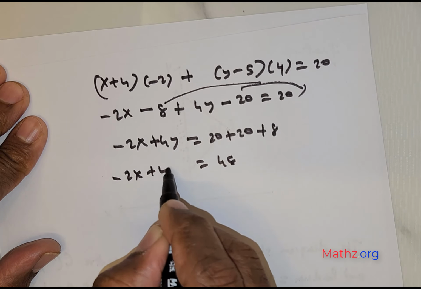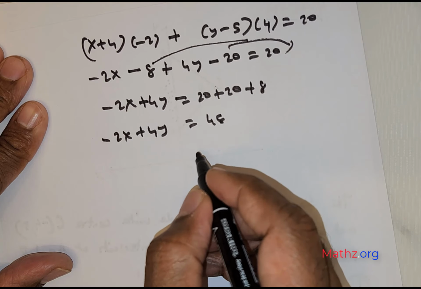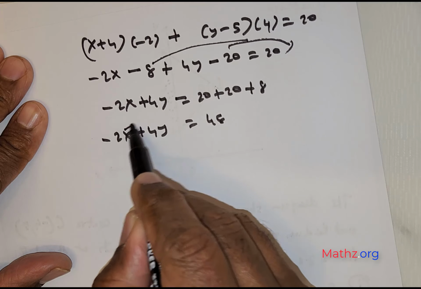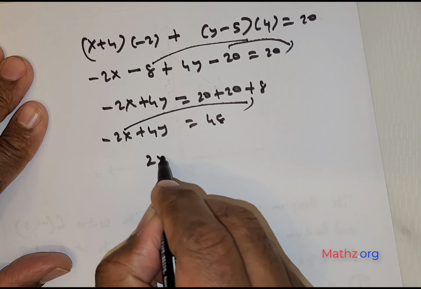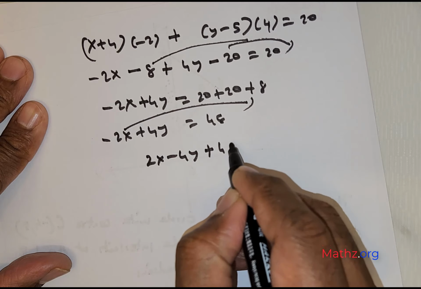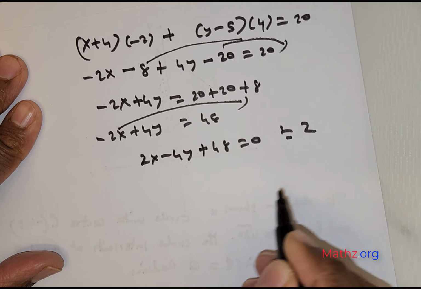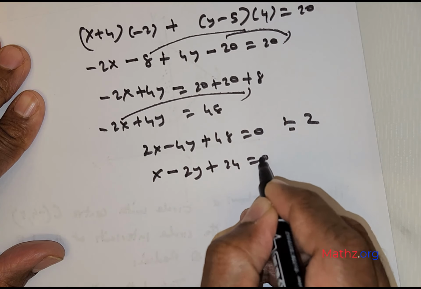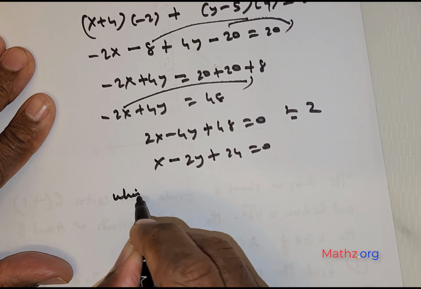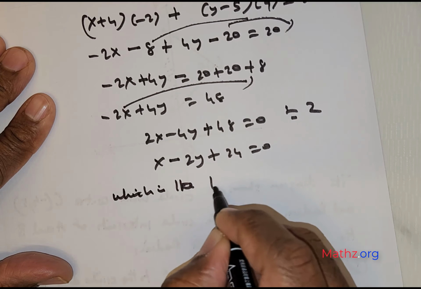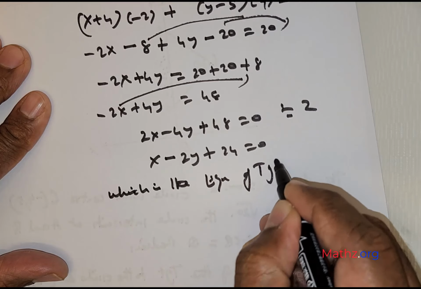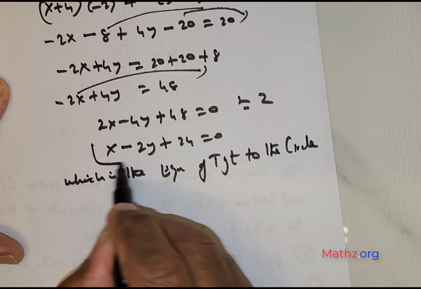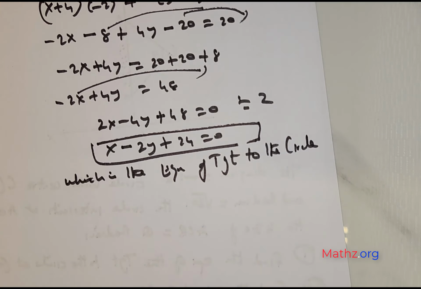Now we can make the x component positive by moving it to the other side, so we would have 2x - 4y + 48 = 0. Probably we can divide by 2. That would give us x - 2y + 24 = 0, which is the equation of the tangent to the circle. Okay, so you can box that result.